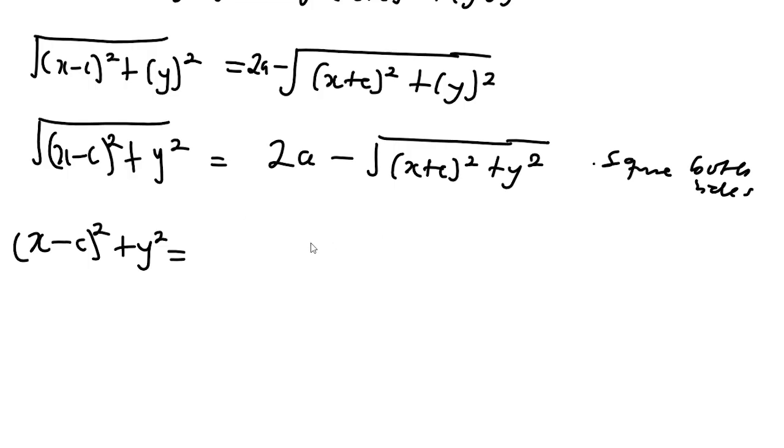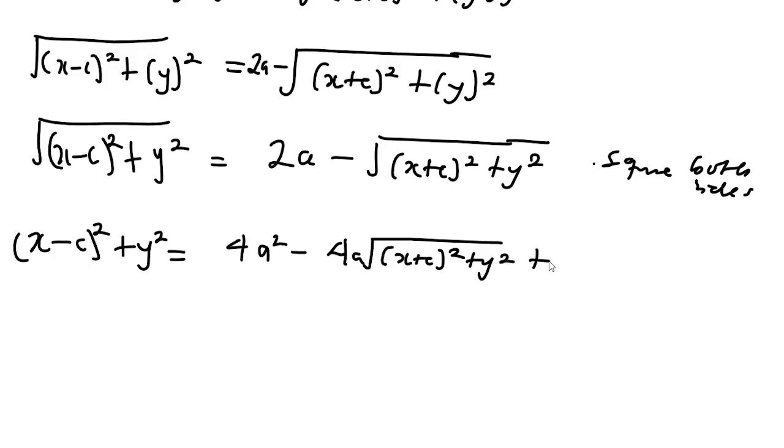So what happens? We are going to get 4a squared minus 4a root of x plus c squared plus y squared, then plus x plus c squared plus y squared. That's for the other side.